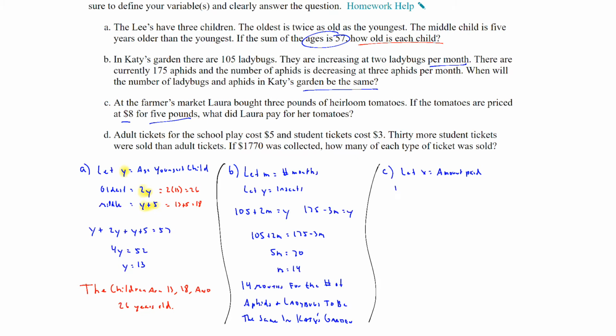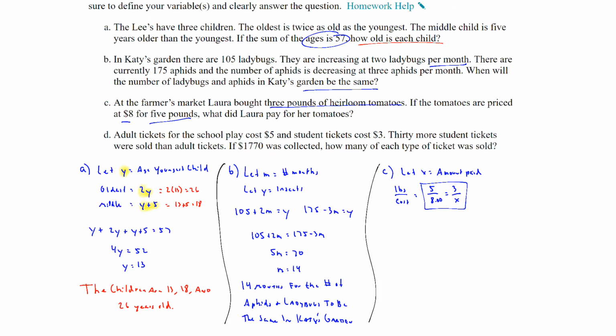If we say we want to do pounds over the cost, then we can say 5 pounds cost $8, and 3 pounds right here cost what? And that's what we don't know. So we can solve this proportion to figure out how much 3 pounds cost.